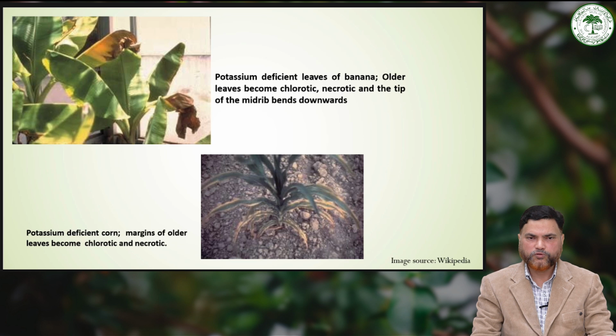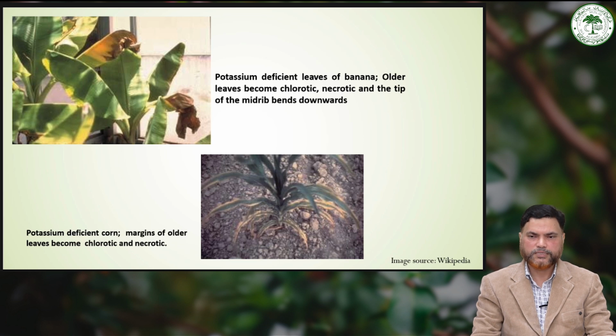So, for the visual symptoms of potassium deficiency, you have observed in all these figures, in cannabis as well as in banana and corn, that the visual deficiency is first encountered on the lower parts of the plant, not at the growing region of the plant.